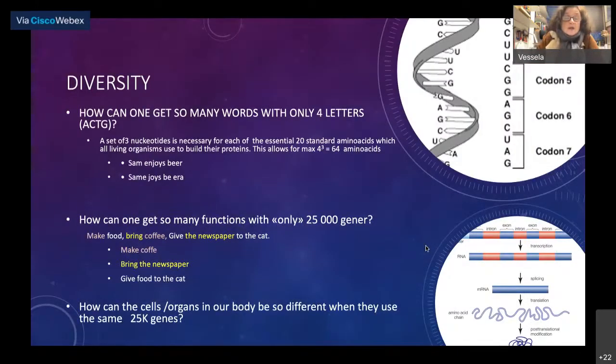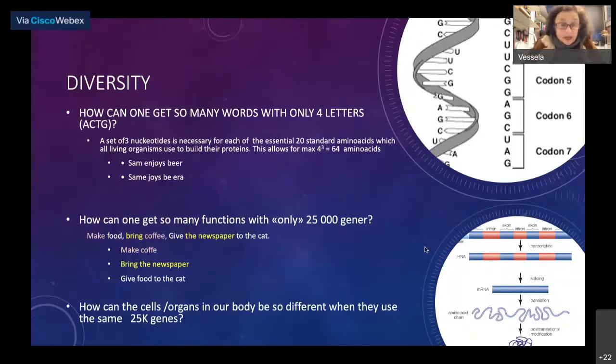So the question is, of course, not only in human genetics, but also in nature, the question of diversity. How can one get so many different morphologies, so many different colors, so many different shapes with only 4 letters?